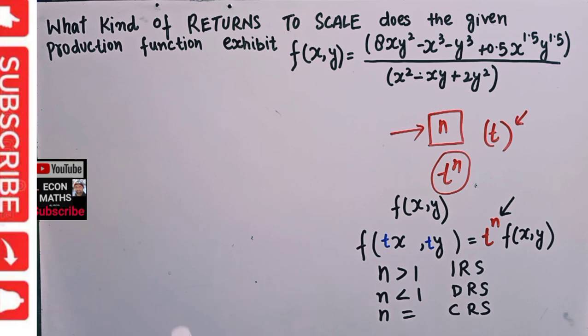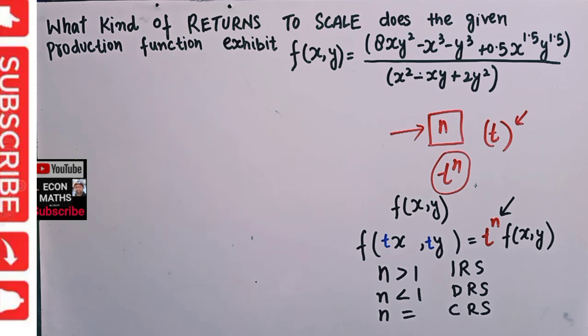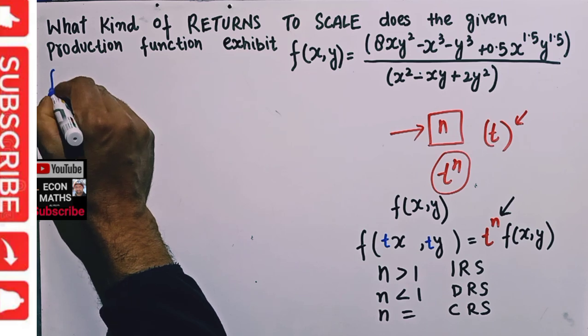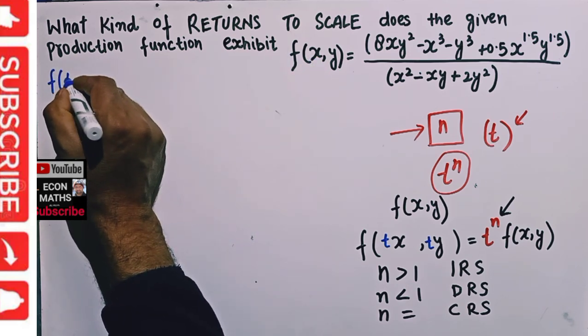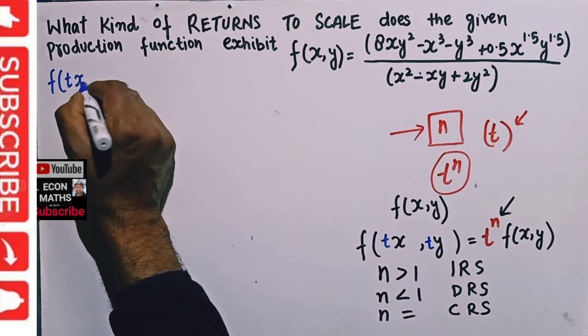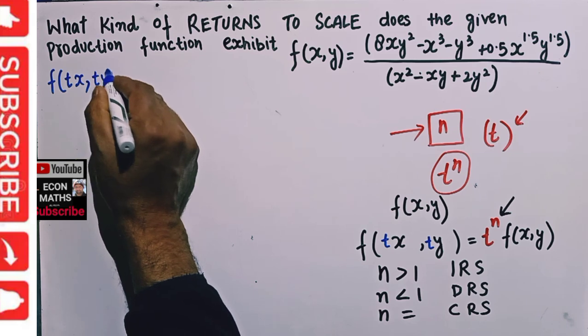So having this in mind, given this production function, let us say we increase each input by a factor t. So f of tx, ty.